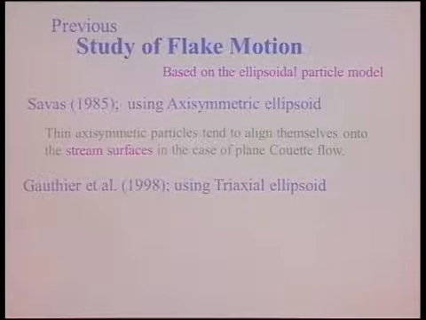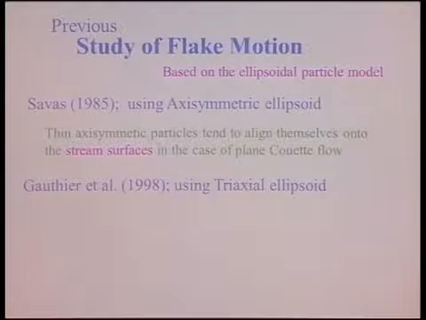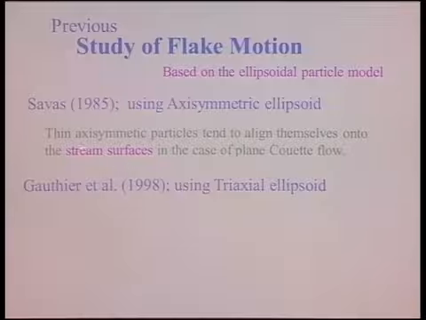Their main conclusion is that the particle aligns onto a stream surface. I don't understand very well what the stream surface is. On this surface it is tangential to the streamline, but many stream surfaces can be defined.